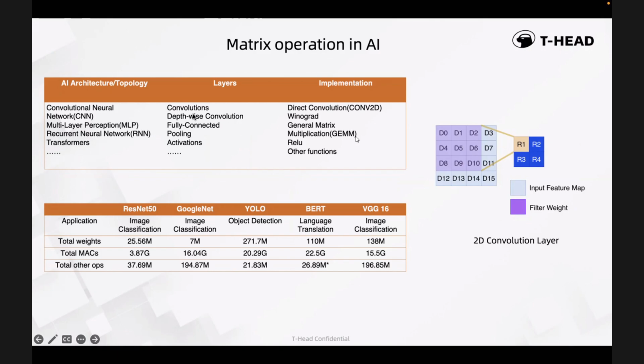If we use matrix extension to cover this, we can get more performance boost and power efficiency from this kind of matrix operations. And for the following tables, MAC operations account for a large percentage of frequently used neural networks. Therefore, matrix extension, which accelerates MAC operations, can improve the performance of AI applications.